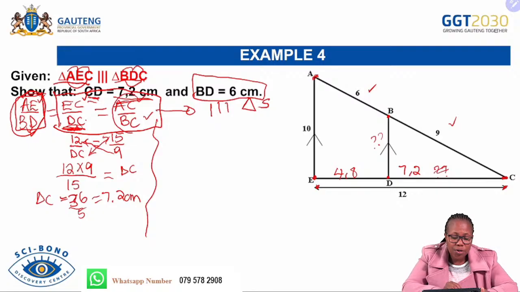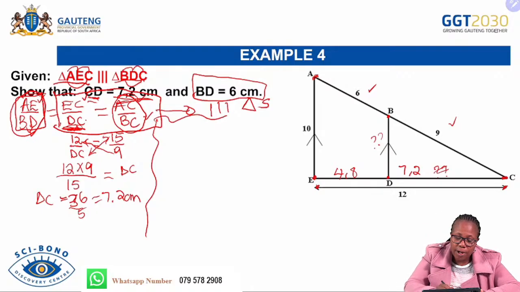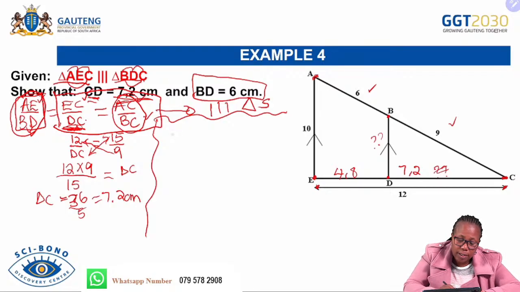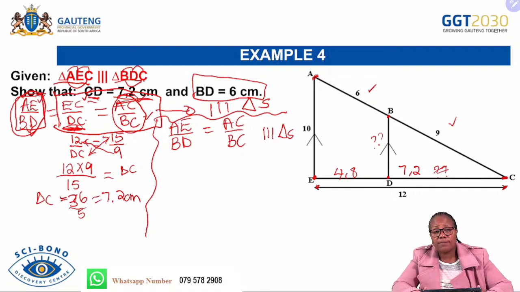But I am guiding you to always use what is given to you rather than what you calculated, to avoid going wrong twice. Okay, now we take the ratio AE over BD equal to AC over BC, out of the similar triangles given to you.